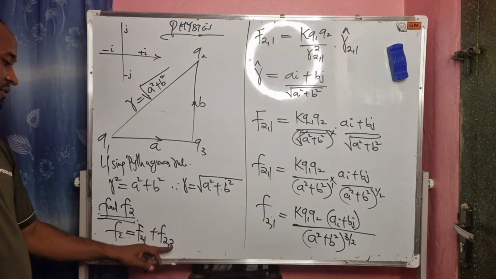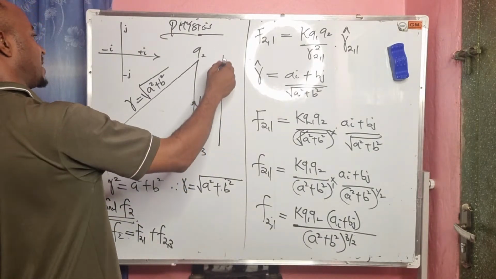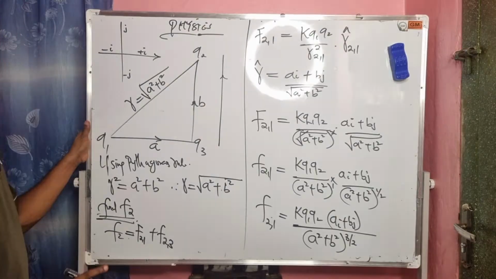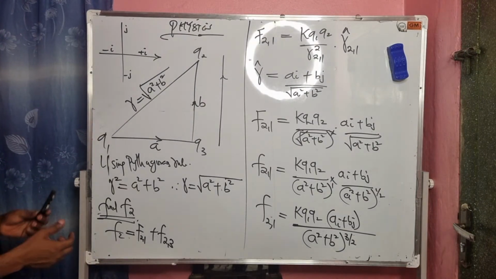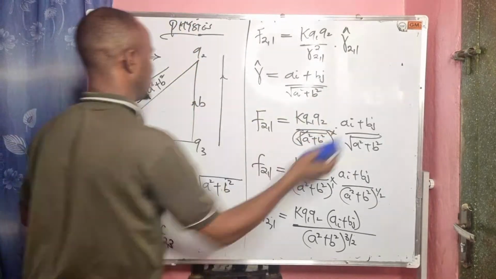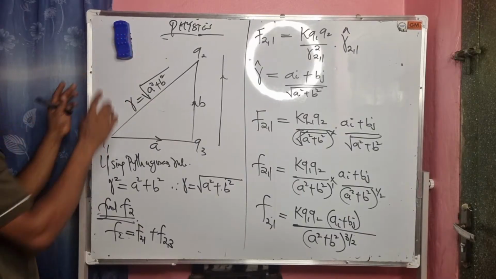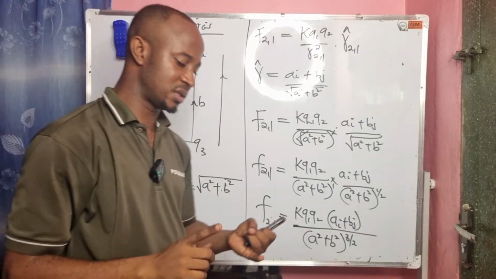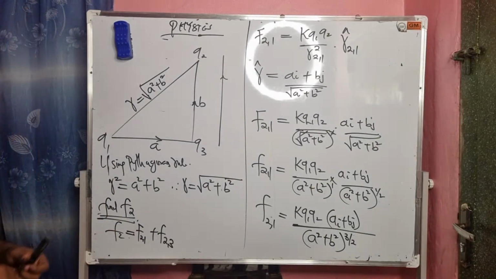What's our F23? From 3 to 2, that is very simple. Meaning along the vertical axis only. So let's define that. Before we started incline, we first of all discussed along the horizontal axis and along the vertical axis.